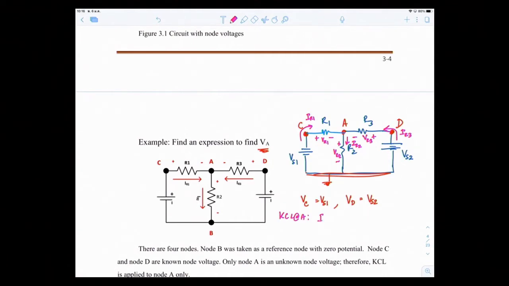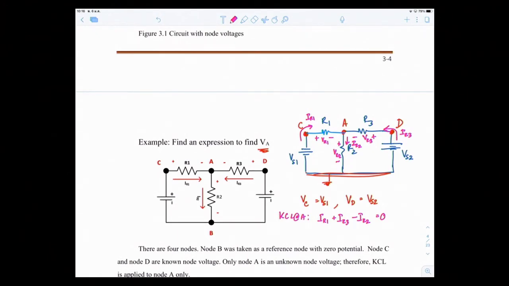IR1 is going into node A, so I give it a positive sign. IR3 is also entering, so plus IR3, but IR2 is leaving, so minus IR2 equals 0. So I get my equation from applying KCL.